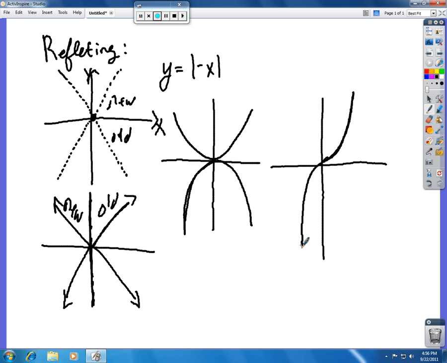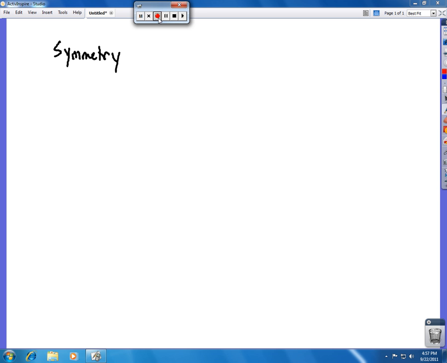And they wanted you to flip it along the y-axis. Well, then you're going to have something like that. So hopefully this is pretty straightforward, and you're just flipping your picture or your graph along whatever axis they tell you, x or y.